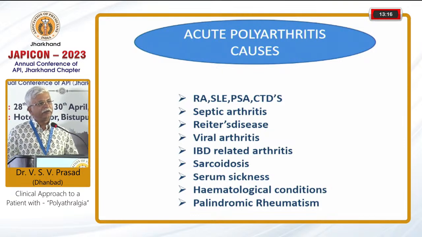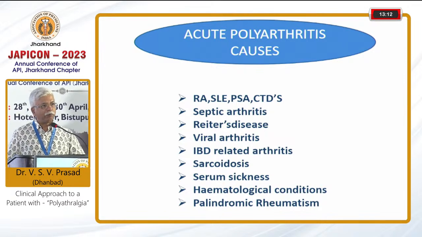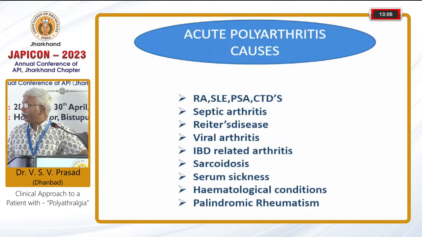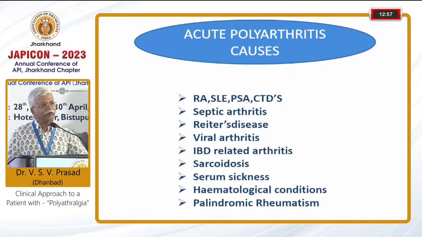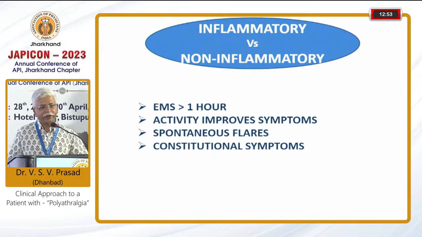Septic arthritis, Reiter's disease, certain viral arthritis like the very common parvovirus related arthritis, inflammatory bowel disease related arthritis, sarcoidosis, serum sickness, certain hematological conditions, and of course palindromic rheumatism could be the other causes that we encounter while looking at cases of acute polyarthritis.